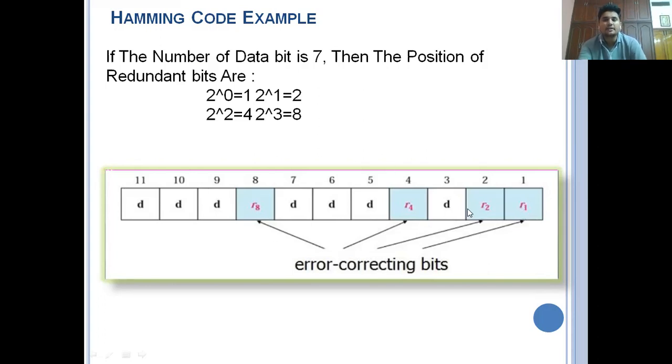Where are we placing redundancy bit 2? 2 power 1, that is 2, and 2 power 2, 4, and 2 power 3, 8. So here we are placing Hamming bits.